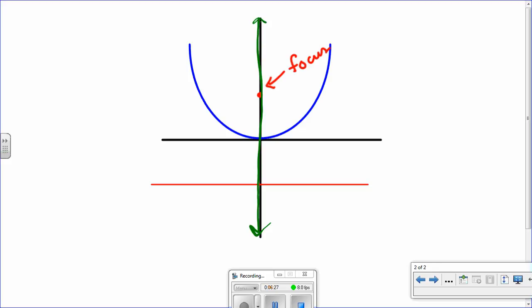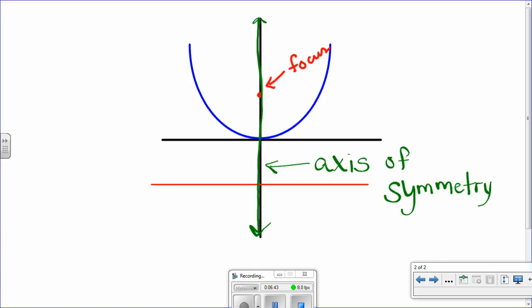That one's the y-axis, but inside of any parabola, it's the axis of symmetry. It's called the axis of symmetry because I can fold it over, and each part will be on either side of it.